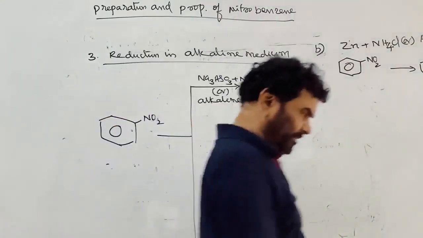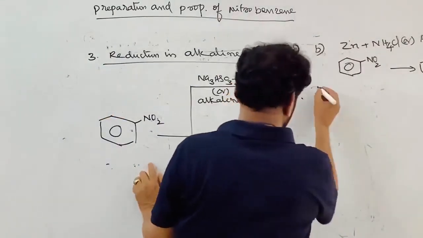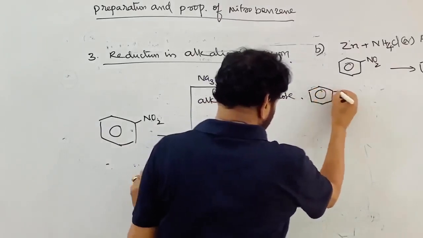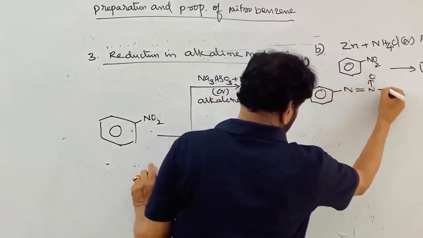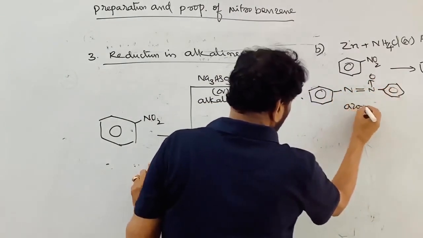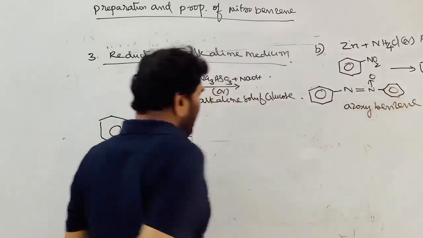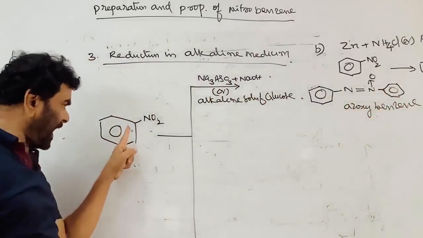Glucose is a reducing agent. If you use any one of these, then what happens? In the basic medium, binuclear compounds are formed. Azoxybenzene is formed.